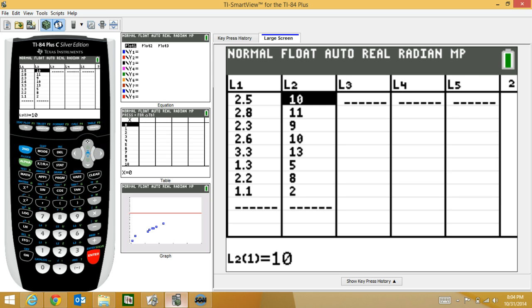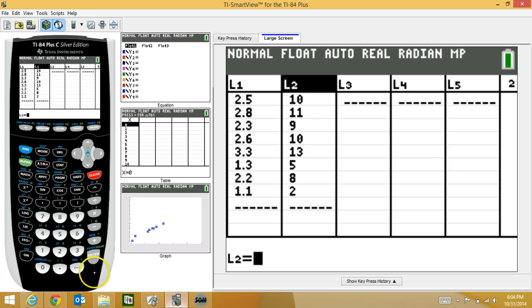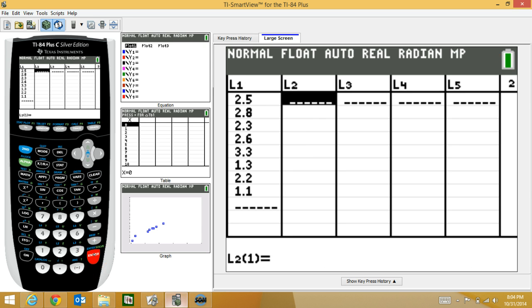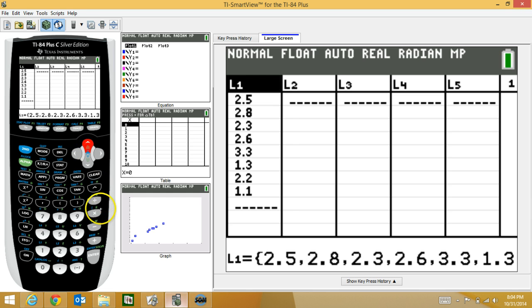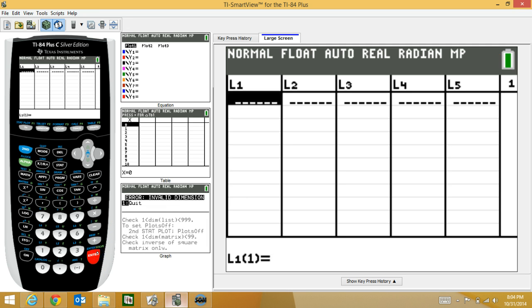And once again, clear the data. We're going to arrow up so that L2 is highlighted, and hit Clear, Enter. And we're going to left arrow and do the same thing with list 1, and then hit Clear and Enter.